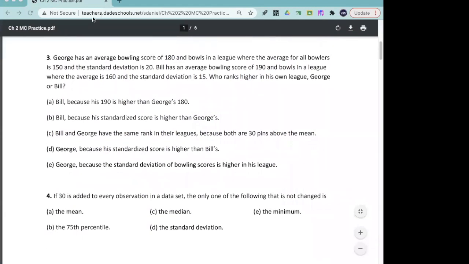Okay, this one is a bit tedious, but we have the X, we have the average, and we have the standard deviation. So if you wanted to get his z-score, you're going to do X minus the average over the standard deviation, and that's George. That's his z-score.